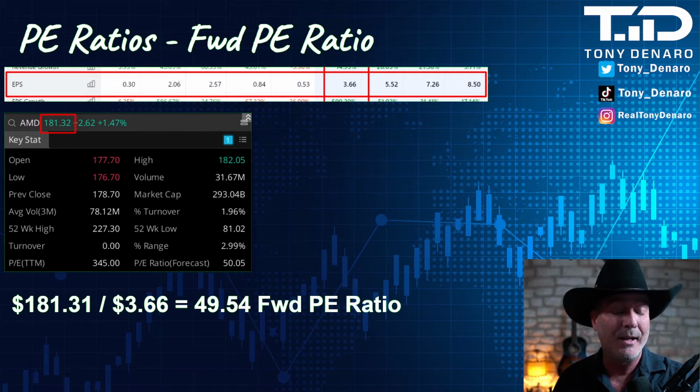So we divide 181.32 by 3.66, and we get a forward PE ratio of 49.54. You can see that is essentially what they have in the bottom right-hand corner of this box of 50.05, the forward PE ratio.